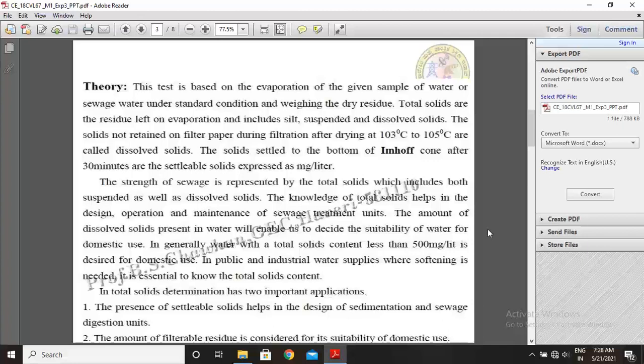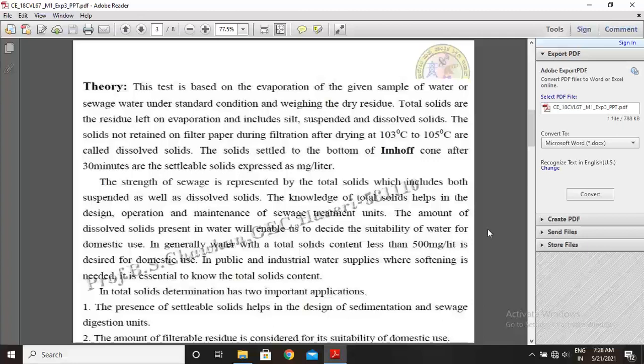The knowledge of total solids helps in the design, operation and maintenance of sewage treatment units.